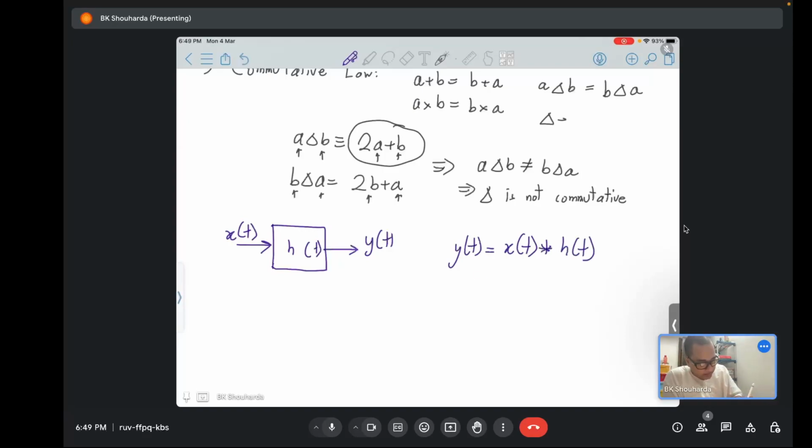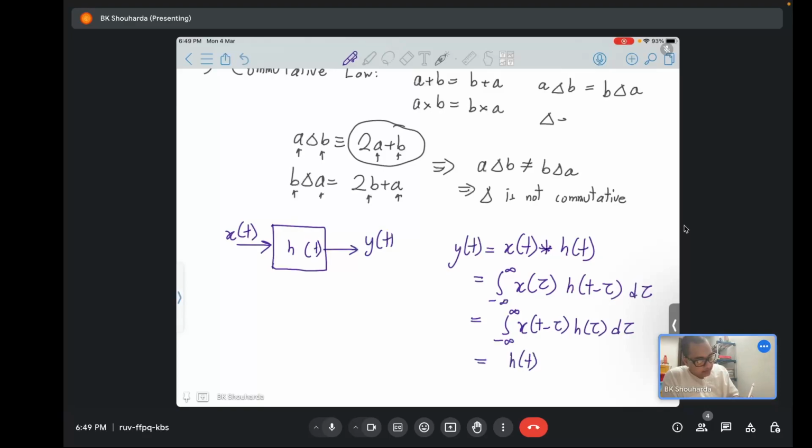That is the integral from minus infinity to infinity of x of tau h of t minus tau d tau. You can easily show by change of variables that this is the same as the integral of x of t minus tau h of tau d tau, and that's h of t convolved with xt. So the convolution is a commutative operation for linear time invariant systems.